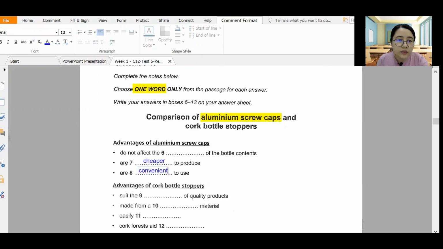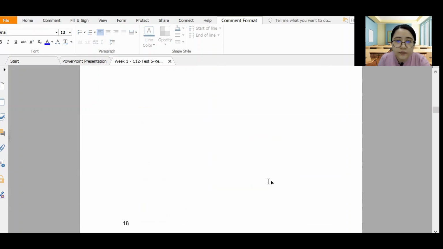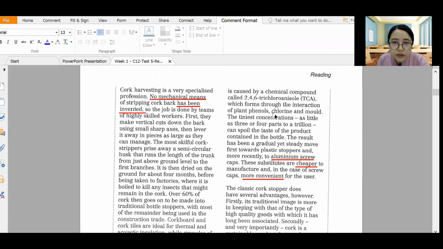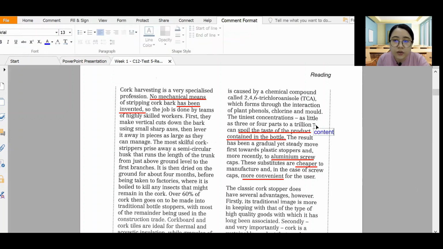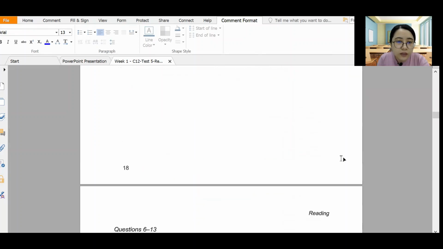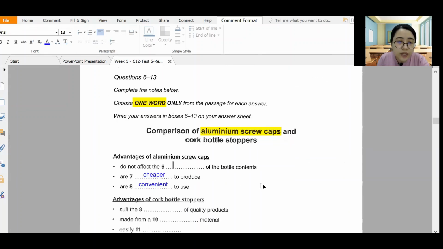Then, can spoil the taste of the product contained in the bottle. That means the content, that is the word in the question. So here we have the taste of the content. So I think number 6 is going to be taste.